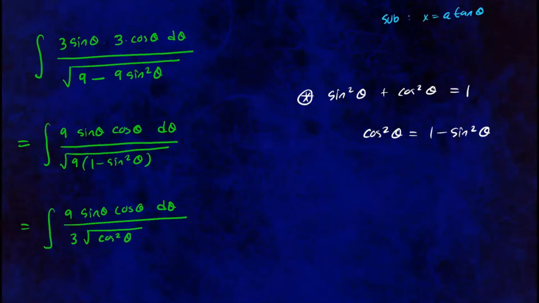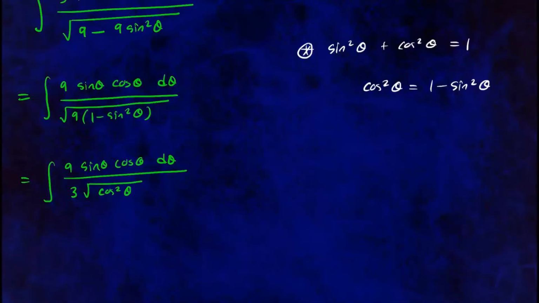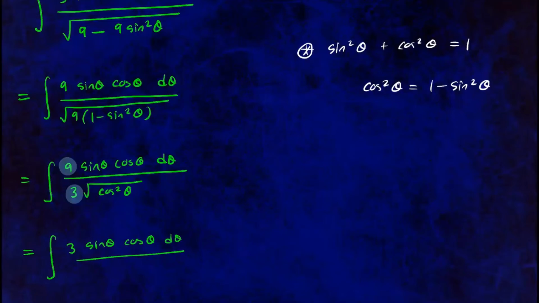Now here, I can cancel out the square root with the square in the denominator. And also I simplify these. So I have 3 sine theta cosine theta d theta all over the absolute value of cosine theta. Remember, when you cancel the square with the square root, you have to put an absolute value.